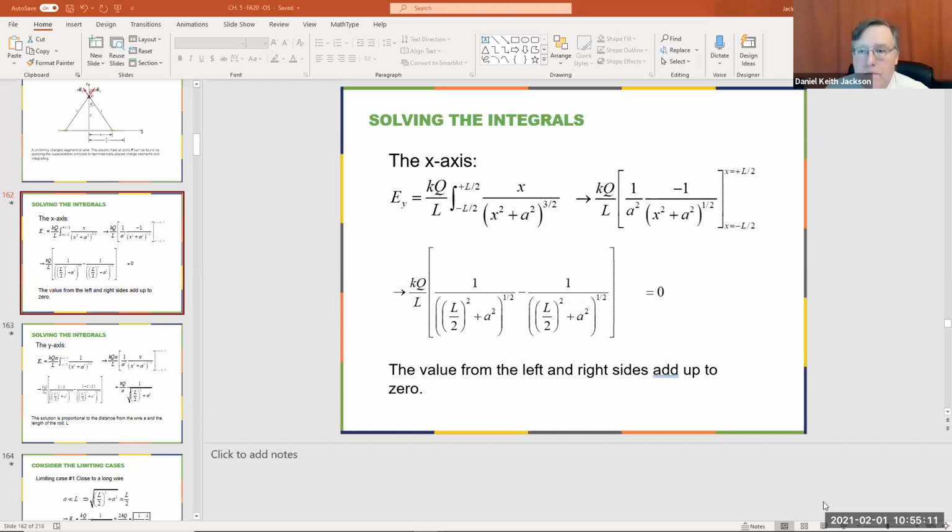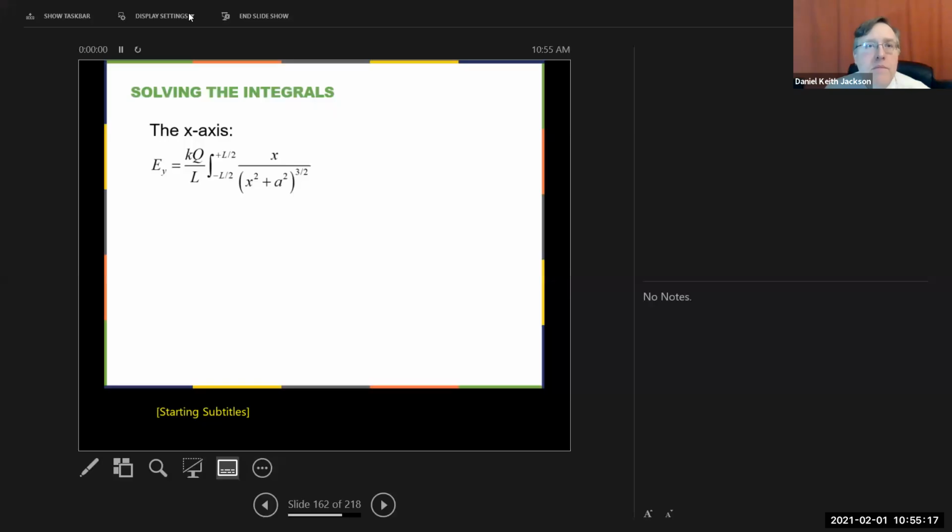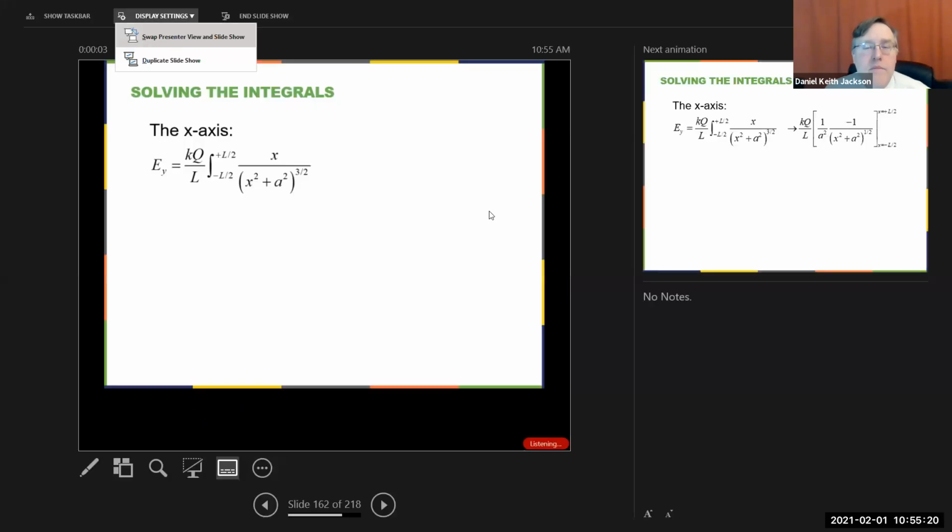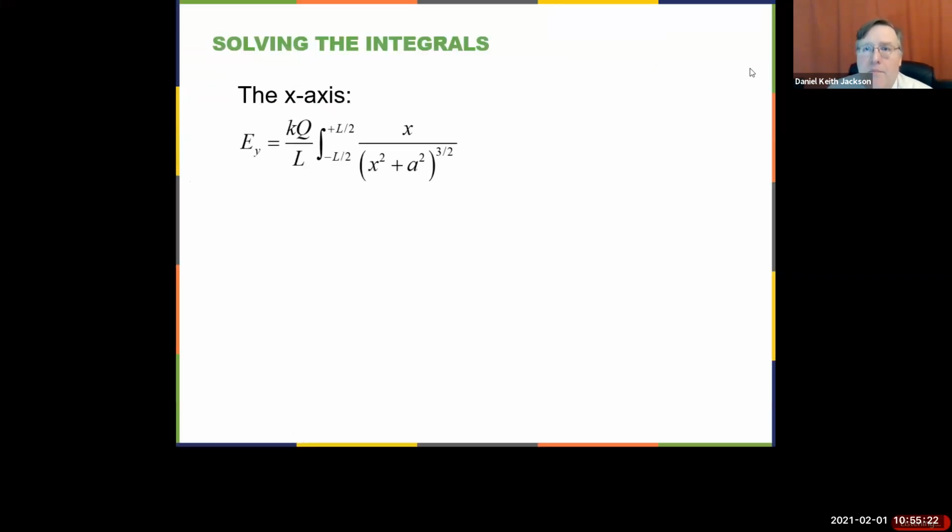Oh, I see what I did. All right, am I sharing my screen here? What's going on? I'm not. Okay, so this is the x-axis. Forgive this. This should read x, not y.